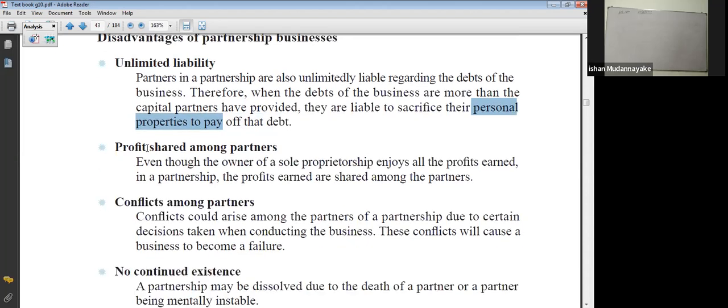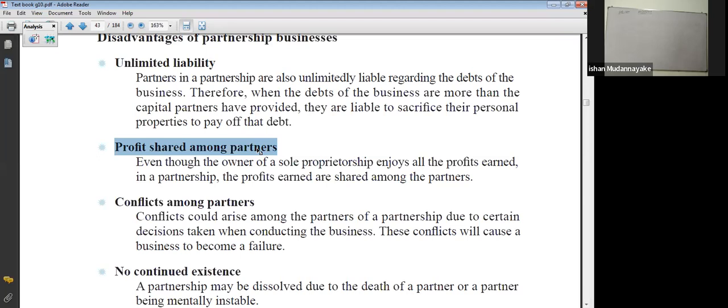Another one is profit shared among others. In a sole proprietorship, the sole proprietor can enjoy the whole profit of the business. But in a partnership, the profit of the business should be shared among others.